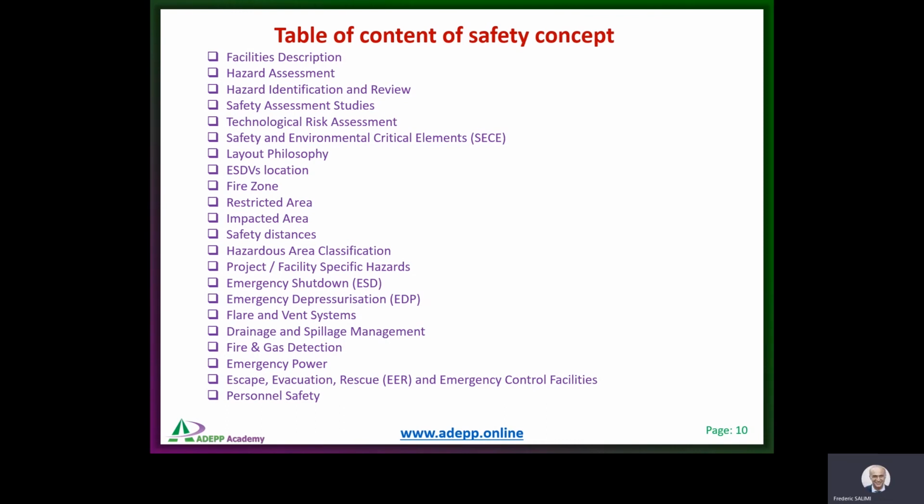About emergency shutdown system, how it's configured, what is the architecture of this, emergency depressurization, flare and vent system, drainage system, fire and gas, and emergency power, for example, UPS or autonomy of UPS in case of failure, and finally escape and evacuation and personal safety. All of these things should be detailed in safety concept.